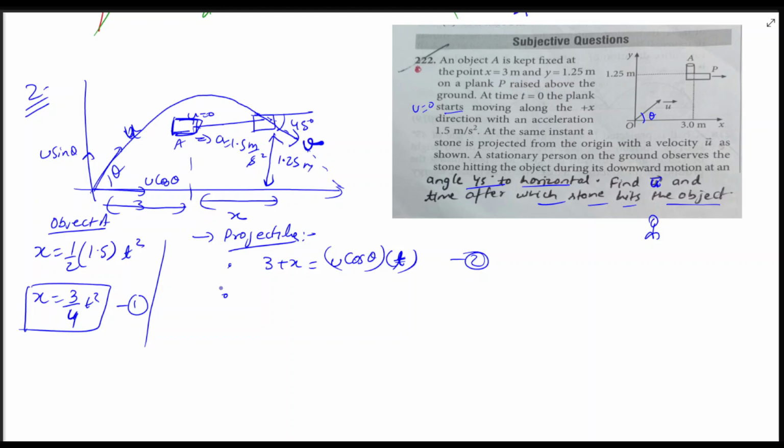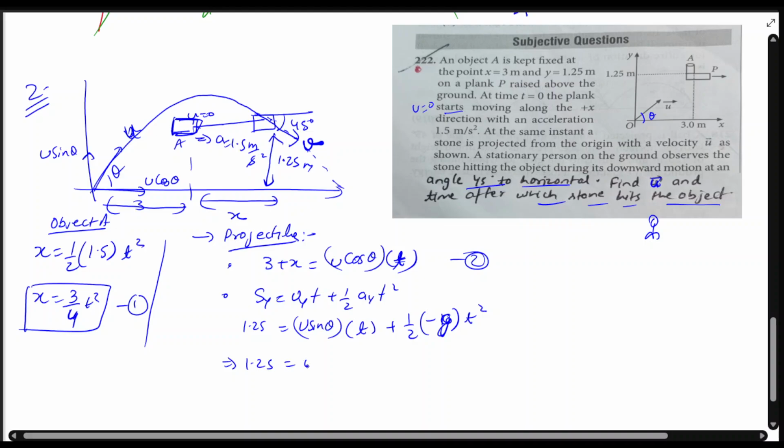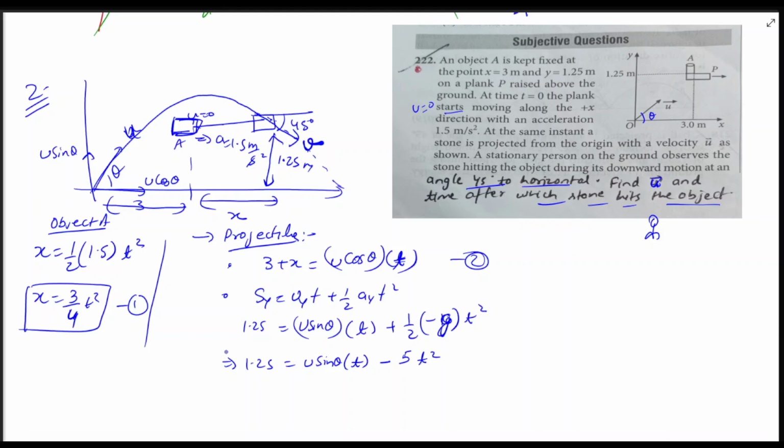If I write the second equation for y, Sy will be uy t plus half ay t square. So Sy will be plus 1.25, uy will be u sine theta into t, plus half acceleration, which is minus g, taking g as 10, into t square. So 1.25 equals u sine theta into t minus 5 t square.